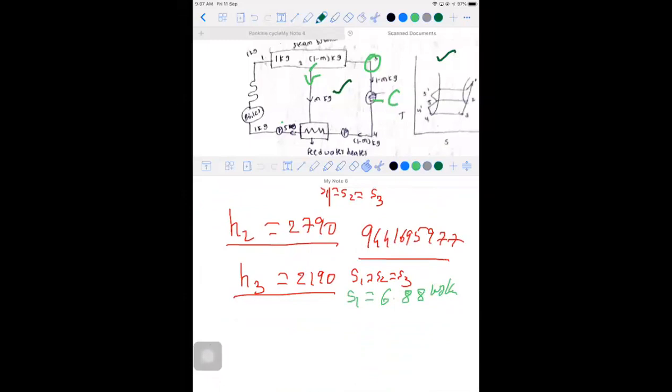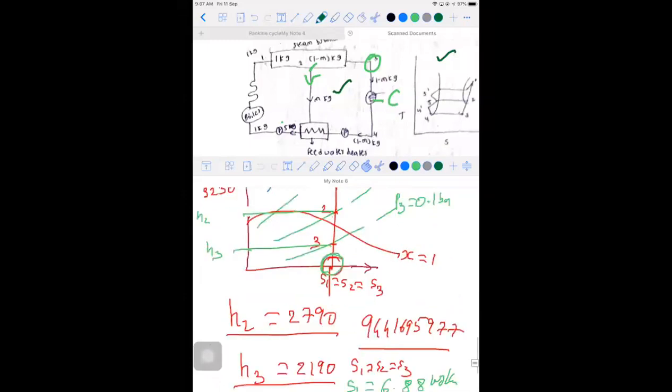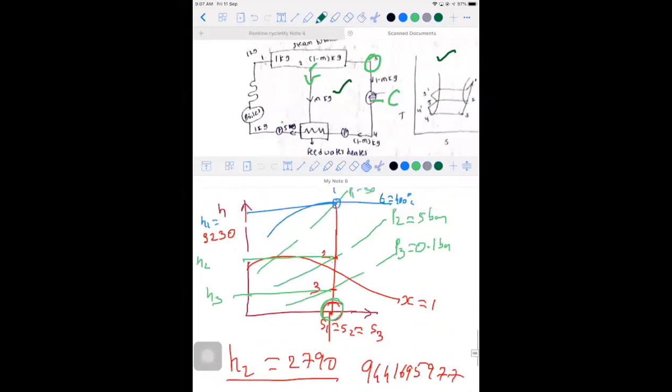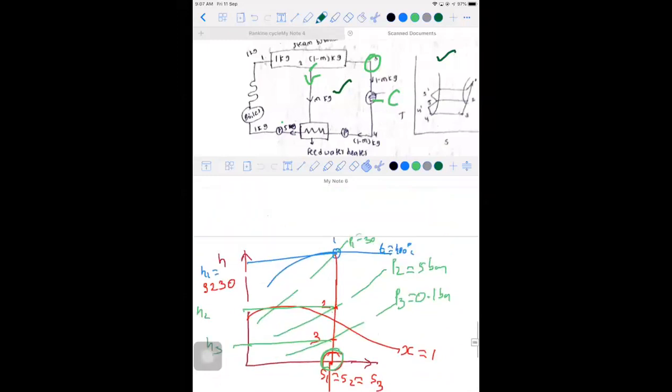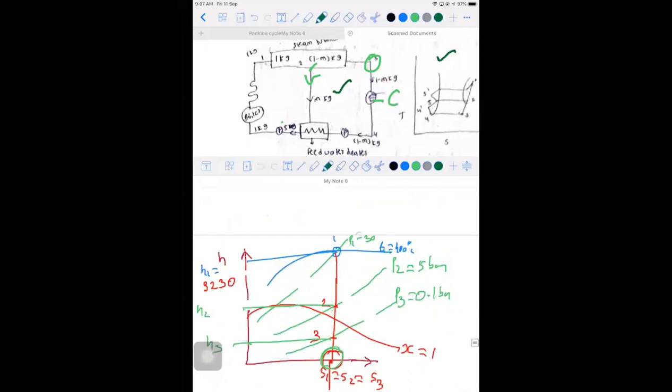Already I have told you that at state 2, it is found to be in the superheated steam region. This is the dry saturated line. Anything below this one is wet, and this is the superheated steam.